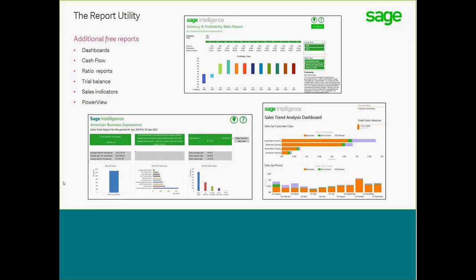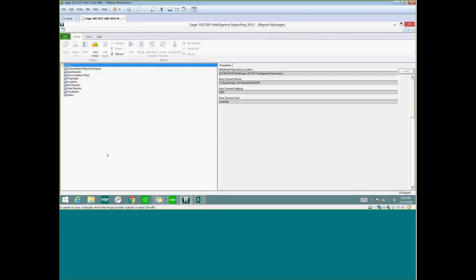Okay, so I'm going to now go into the demonstration portion. There we go. Okay, so this is Report Manager. So this can be run from your Sage 100 or 500 system. If you have it and it's activated, you can then just run Report Manager and you'll have the standard reports that I mentioned earlier.